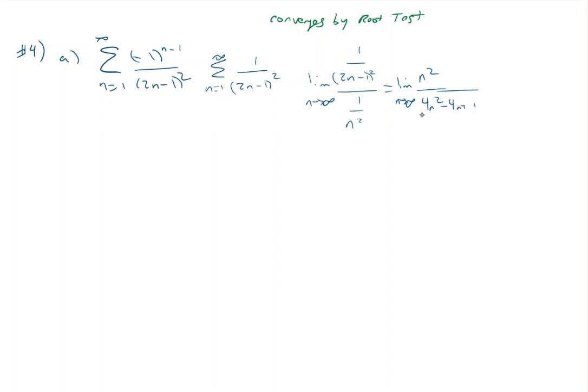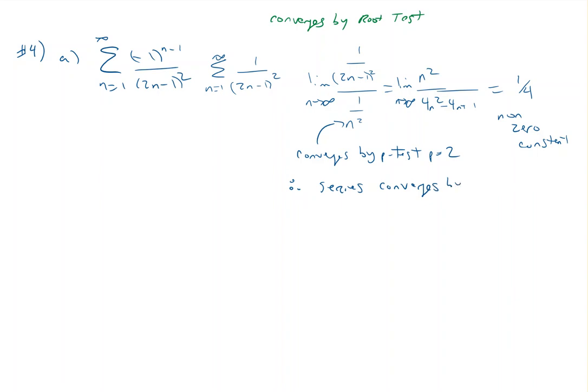Because when it's n squared or 4n squared, we just know this is going to be 1/4. That's a non-zero constant. And a non-zero constant means that these two will converge and diverge together. This converges by the p-test, and therefore the series converges by the limit comparison test.